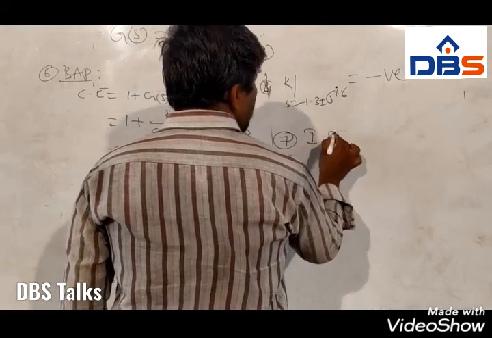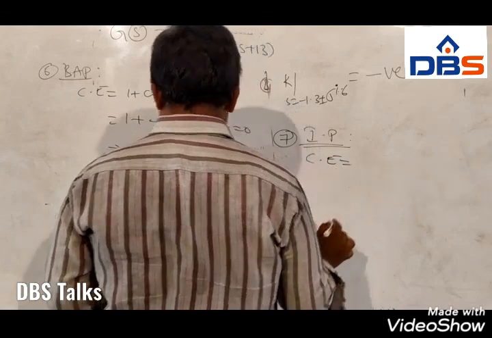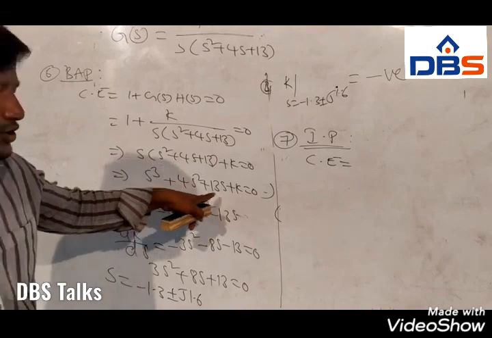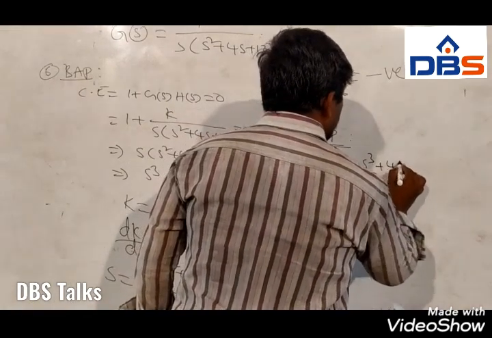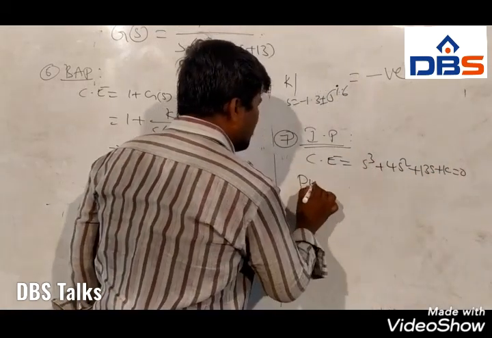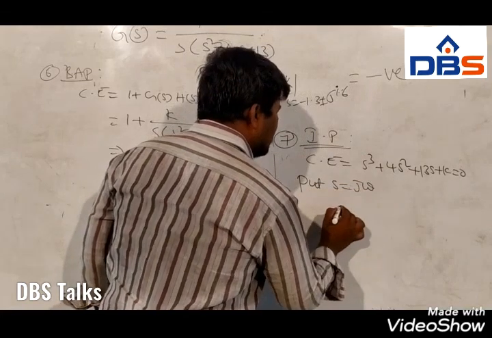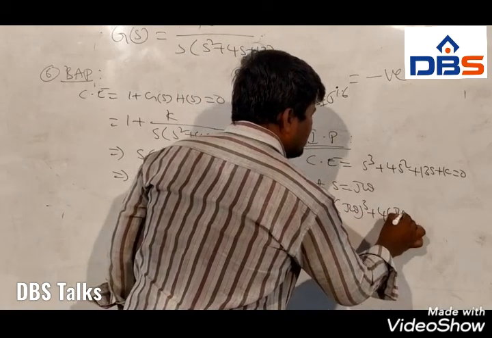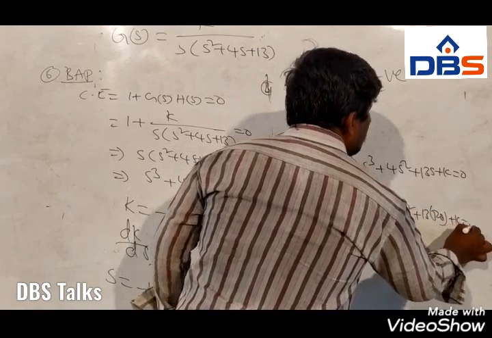For the intersection point on the imaginary axis, the characteristic equation 1 plus g of s h of s equal to 0 is s cube plus 4s square plus 13s plus k equal to 0. Put s equal to j omega: j omega cube plus 4 j omega square plus 13 j omega plus k equal to 0.